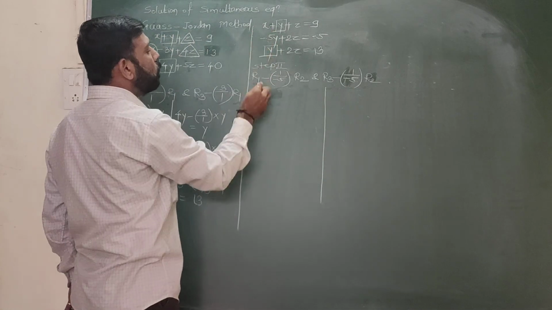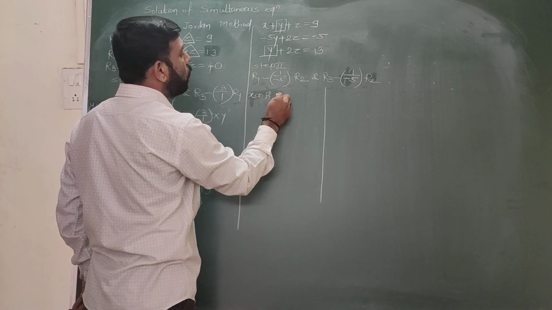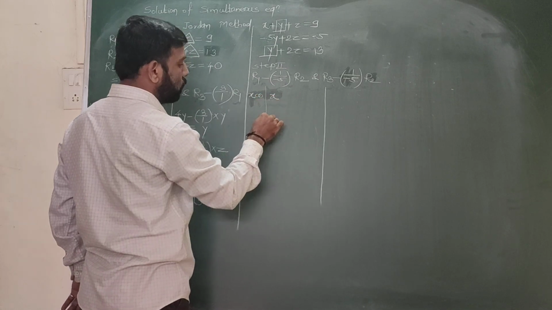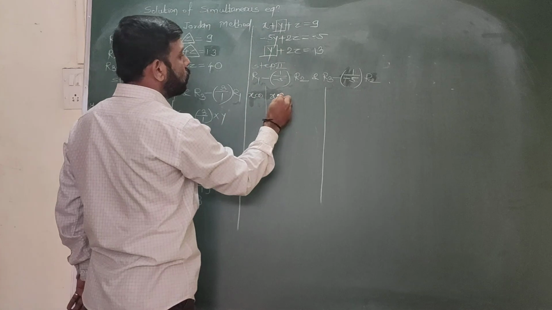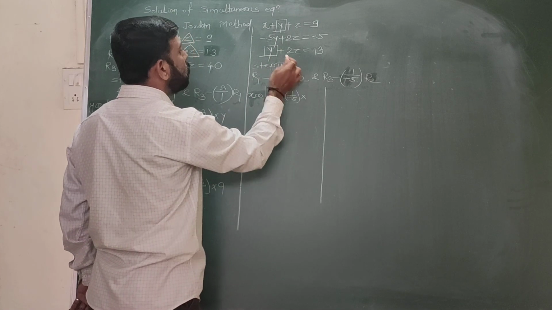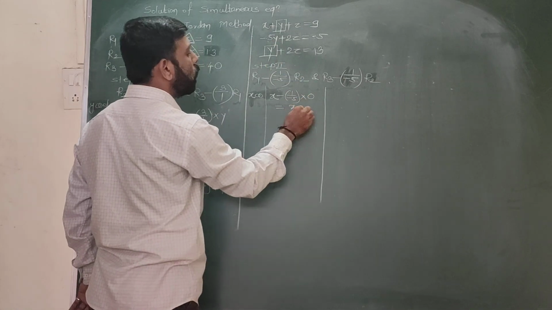For R1, what will be the change? X coefficient: X minus 1 upon minus 5 into its R2 X coefficient, which is 0, so it remains X only, no change.